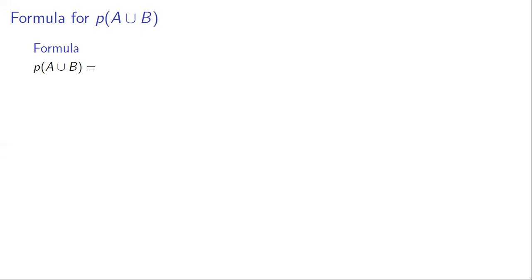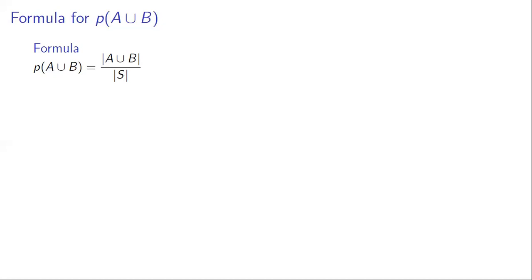Okay, so probability of A union B. Again, we're assuming all outcomes are equally likely to occur. So this is just the cardinality of A union B divided by the cardinality of S. This is our very basic probability formula that we had from the beginning. Our event is A union B, so it's the cardinality of the event divided by the cardinality of the sample space.